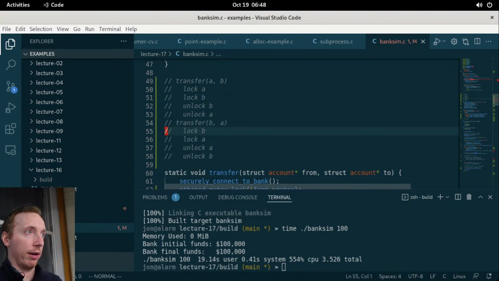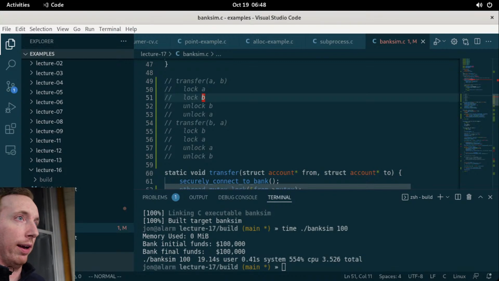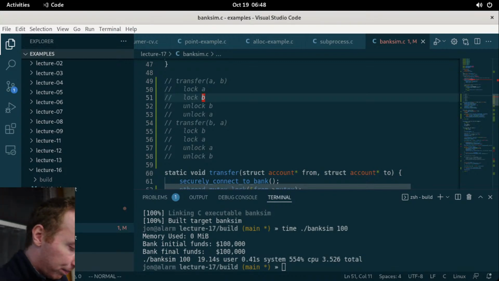It could acquire lock B, and now we're holding each other hostage. So this thread here wants lock A that the other thread has, and the original thread wants lock B that the other thread has. So now we're at a deadlock.